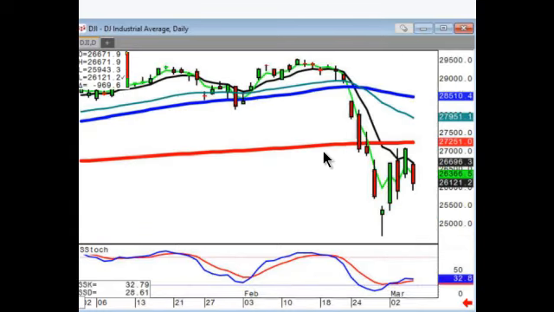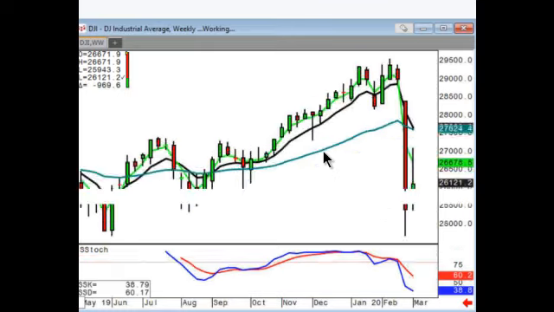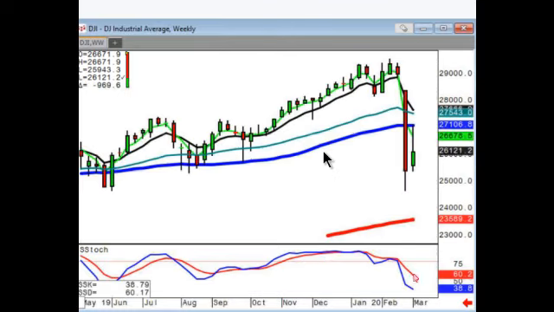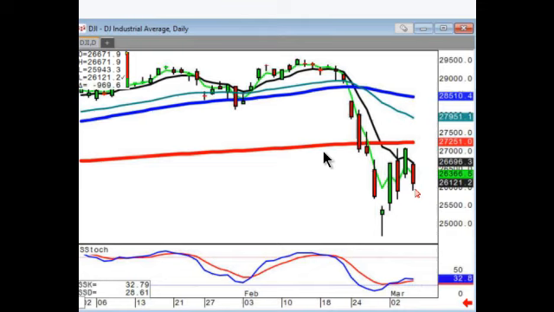But if you do, your stochastics are still heading down, so you still need to see bullish confirmation, which could happen because we still don't know what's going to happen in tomorrow's trading on a daily. But if this starts trading lower on a daily, now that harami in the weekly is going to get lower and lower.